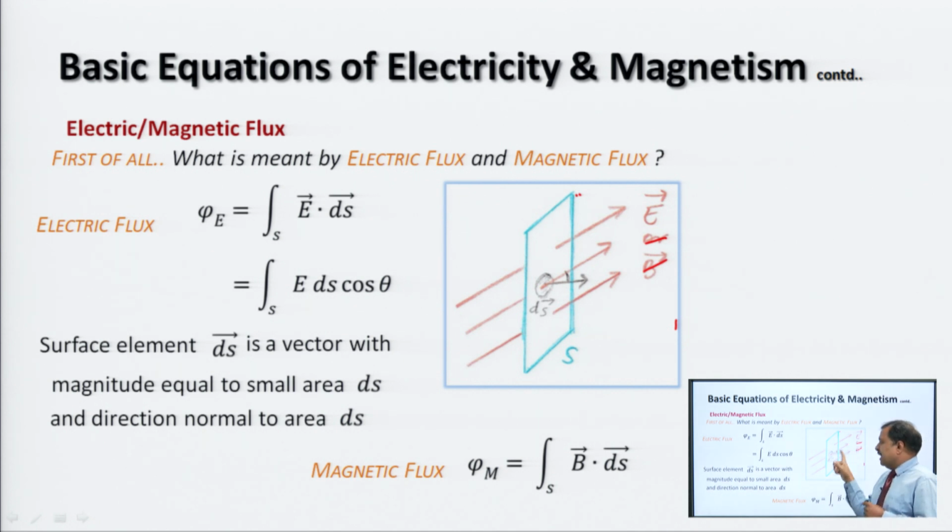So, we can consider a small area ds. Surface area ds is not a vector quantity, but we can express it as a vector, and when we express it as a vector, its direction is supposed to be normal to the surface. So, this small arrow is along normal to the surface.